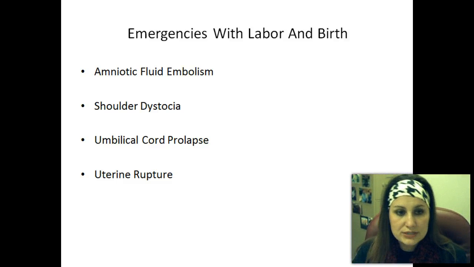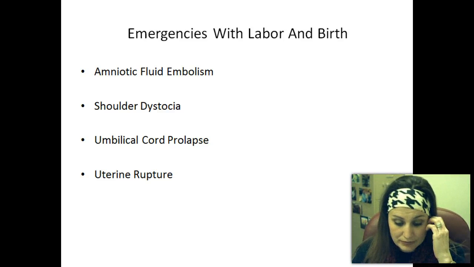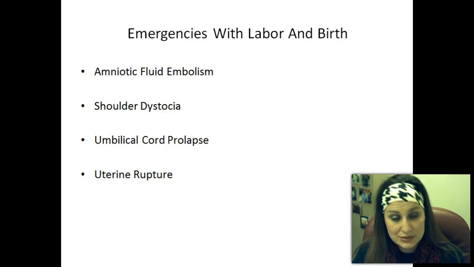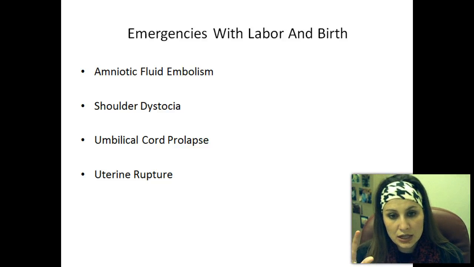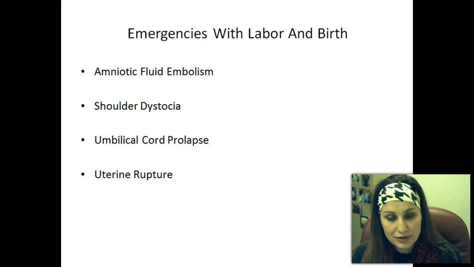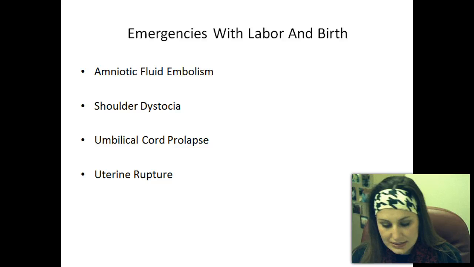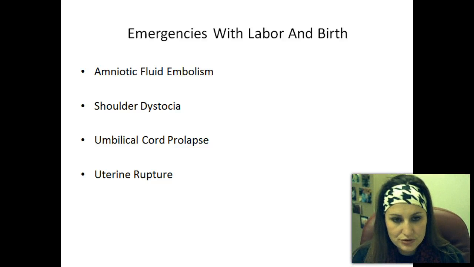Now, if this were to happen, this is an emergency. If you were the one who was with the woman, you would see that all of a sudden the fetus has gone into distress. You're seeing decels, and you would look underneath the woman, pull up her gown, and you would see that umbilical cord is prolapsed through the cervix.